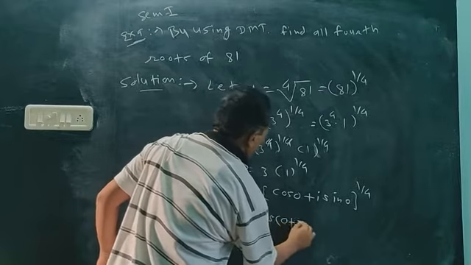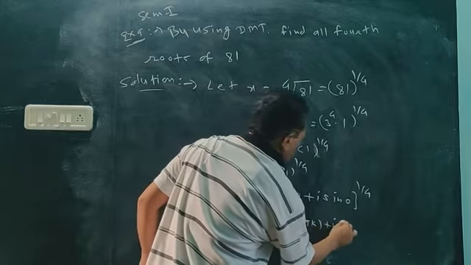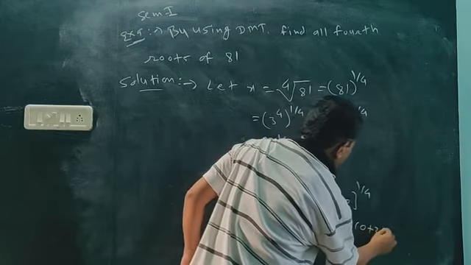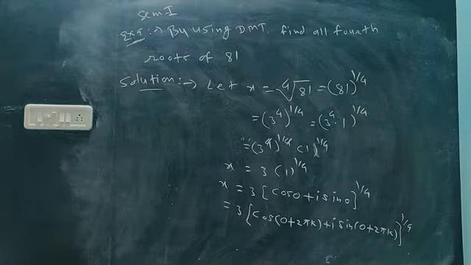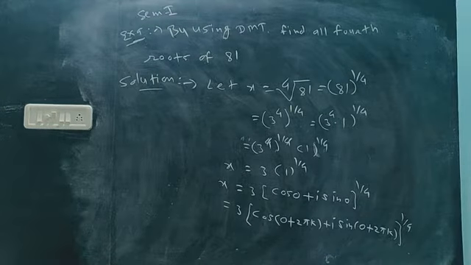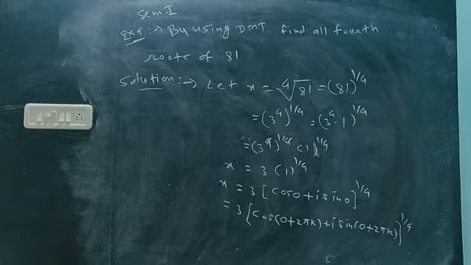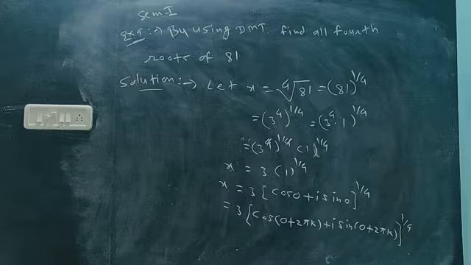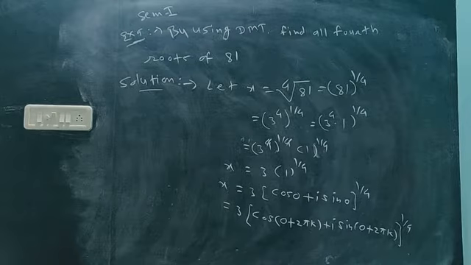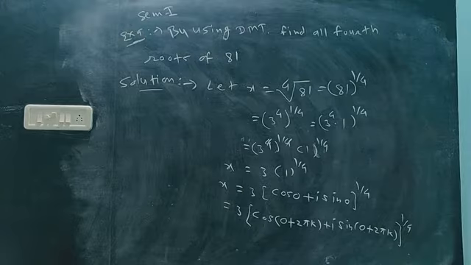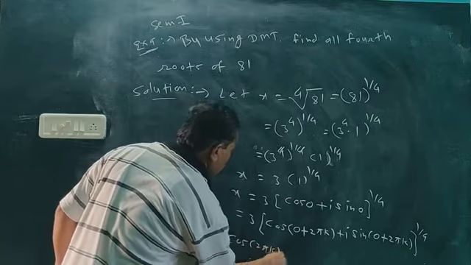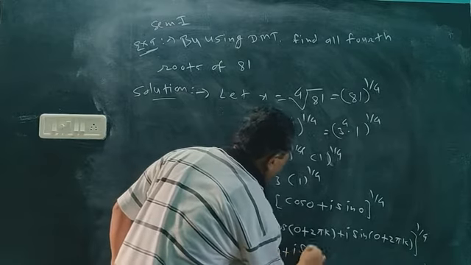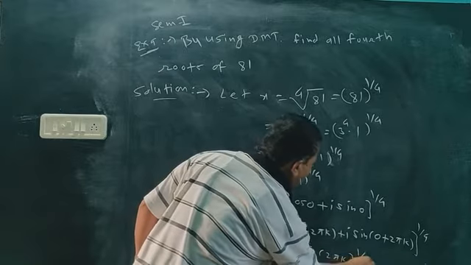So cos of 0 plus 2 pi k plus I sin of 0 plus 2 pi k, that is cos of 2 pi k plus I sin 2 pi k, all raised to power 1 by 4.